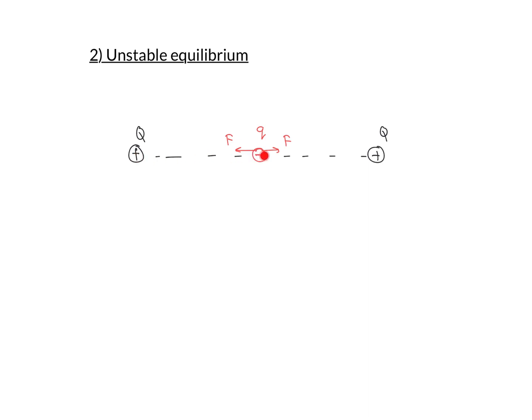Or if you are displacing the object towards right, then the net force will act towards right. It will take the particle away from the equilibrium position. So we can say that at this instant, along the x-axis, this negative charge is in unstable equilibrium. Or we can represent the same thing by using the potential energy versus distance graph.